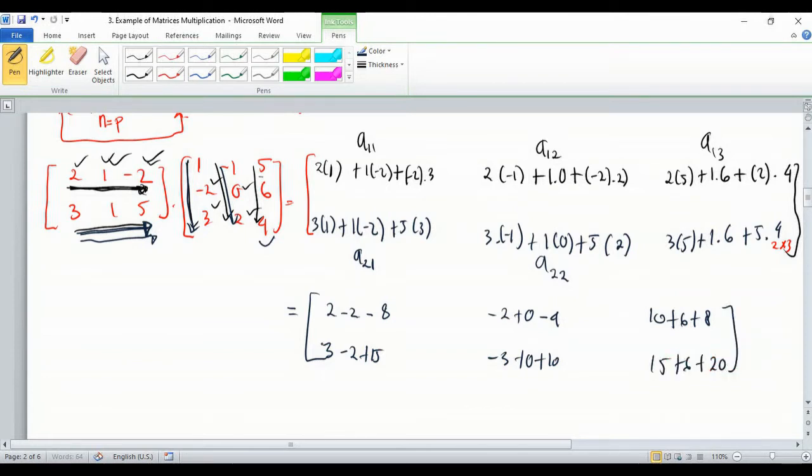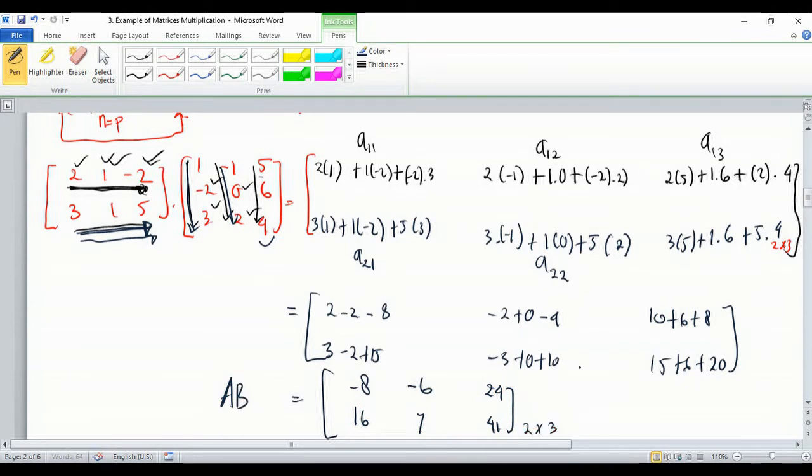So the result is minus 8, minus 6, 24, 16, 7 and 41. This is the result for matrix A times B with dimension 2 by 3.